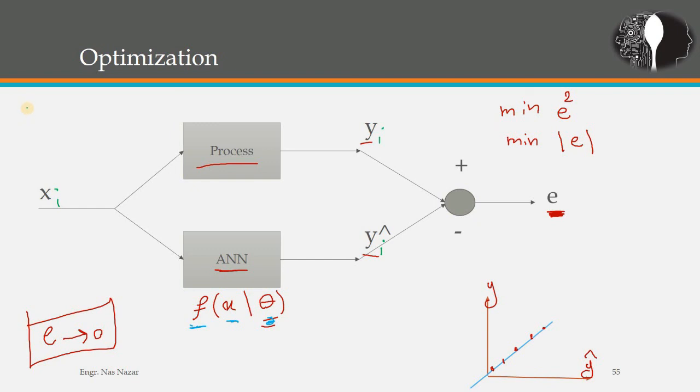For example, in our patient and doctor system, let's say we have more than one patient, we have 1,000 patients. We should have i from 1 to 1,000. We have 1,000 samples, we have 1,000 data, therefore we need to show it with x of i and y of i.